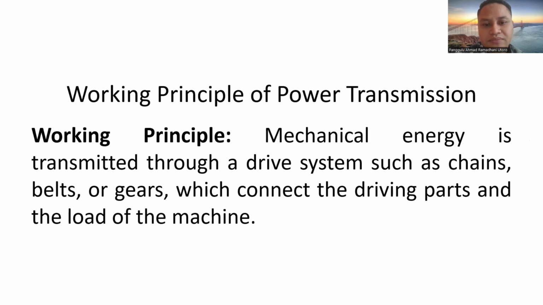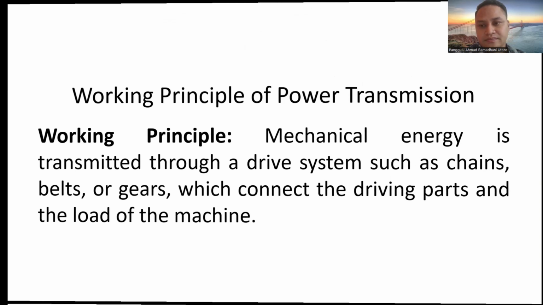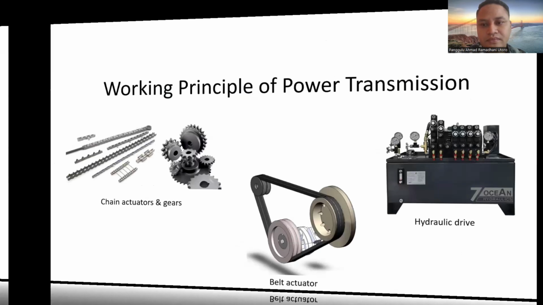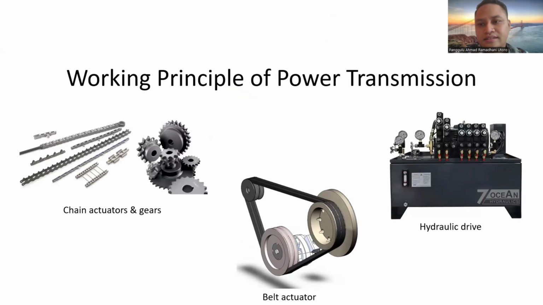How about the working principle of power transmission? Of course, mechanical energy is transmitted through drive systems such as chains, belts, or gears, which connect the driving parts and the load of the machines. These are the three pictures about the types of power transmission.